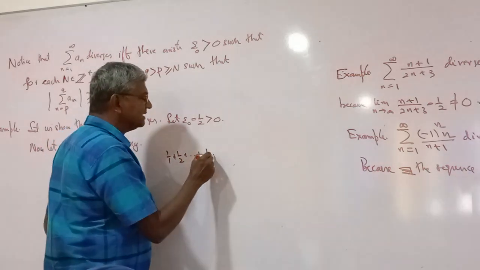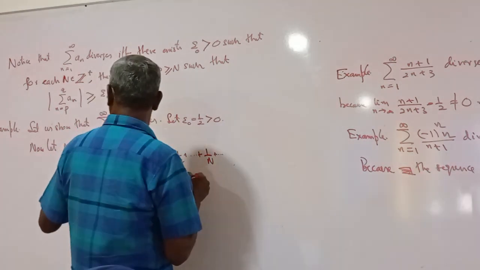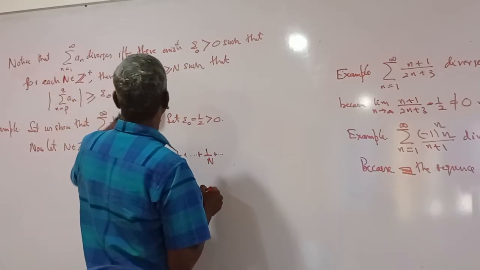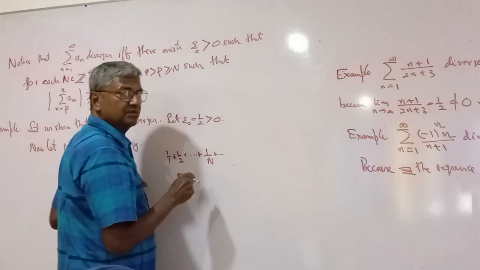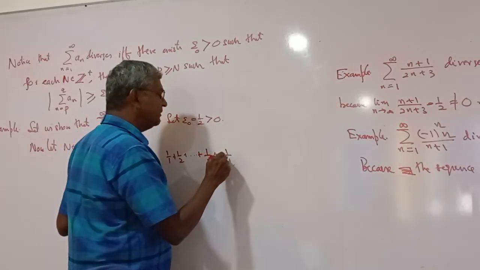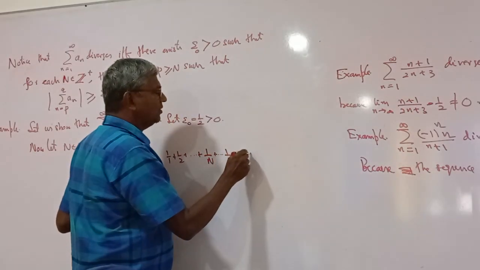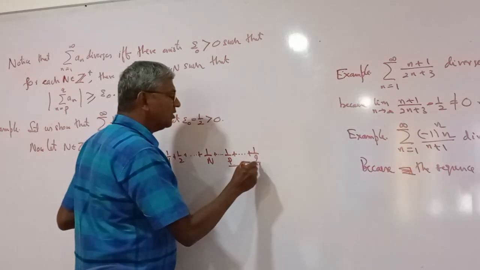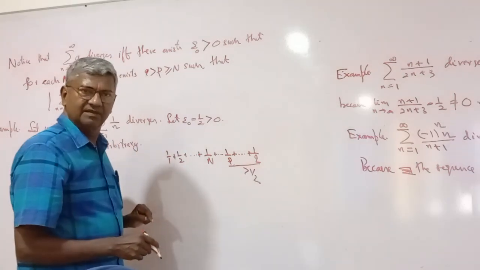What I am going to show is that after that, Q greater than P greater than or equal to N. Somewhere here I begin from 1 over P, then I go to 1 over Q. This block sum is greater than 1 half.